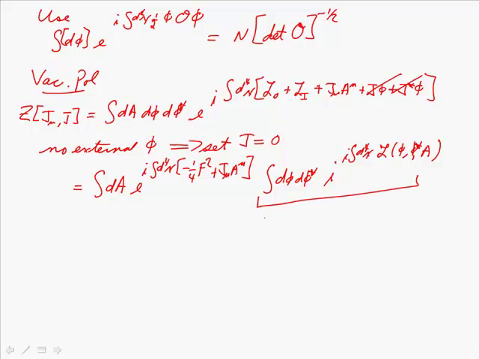So at this stage, this is the idea of integrating out the field phi and phi star. So the phrase is we're going to integrate it out, and we're left over with something which we'll call e to the i W of A. Okay, phi and phi star are gone.